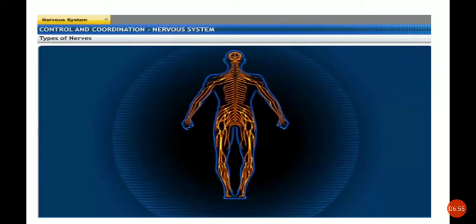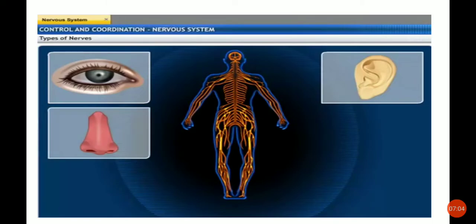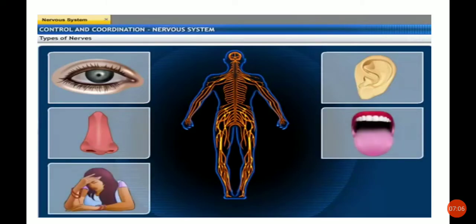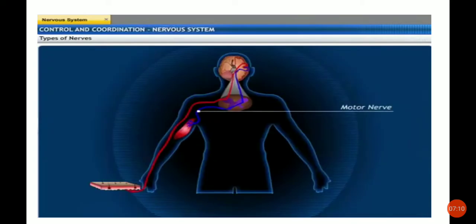Our sense organs provide the nervous system with information about the environment by means of sight, hearing, smell, taste, pressure, and pain. Motor nerves carry messages back from the brain or spinal cord to all the muscles and glands in the body. Mixed nerves carry both sensory and motor signals.